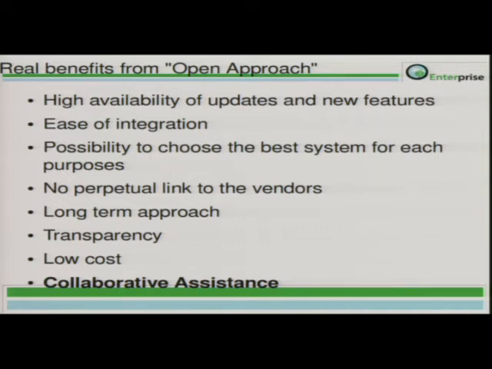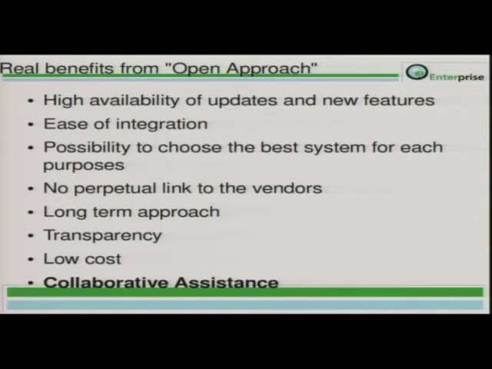There is an ease of integration because you have open standards and you use interoperability rules. You can choose the best system for each purpose. So you can choose different vendors in your departments. There is no perpetual link to the vendors. There is a long-term approach, for sure, because the system is open. So if the company that offers you services disappears from the market, you can choose another company.